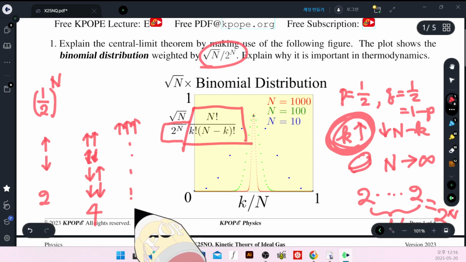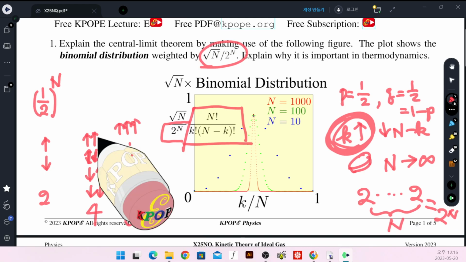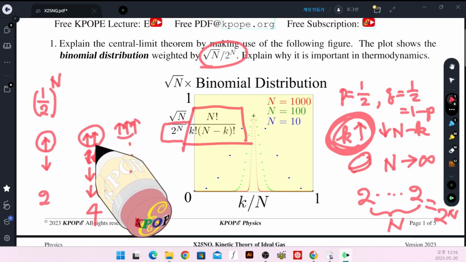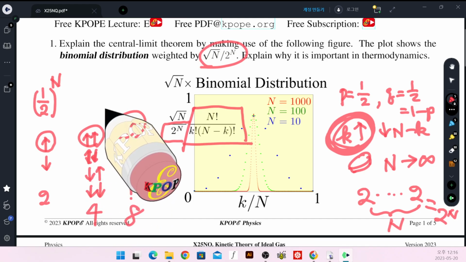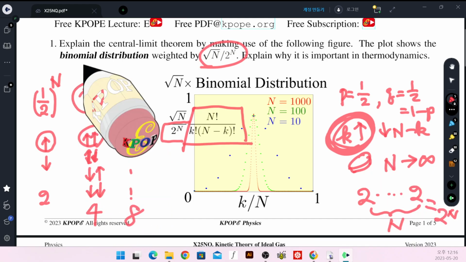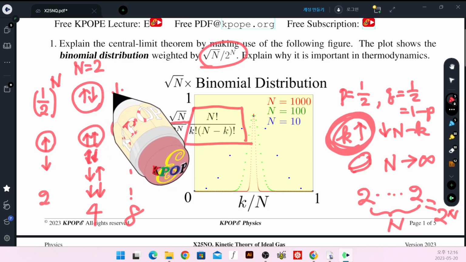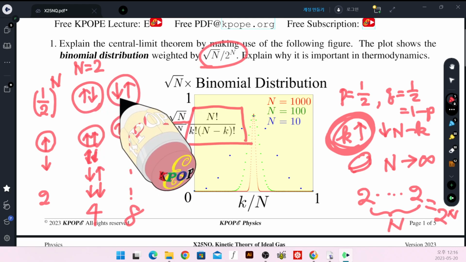So 2, 8 cases. Here, everything up has only a single case. But up and down, when you have n equals 2, you have 2 cases. Up first and down first.